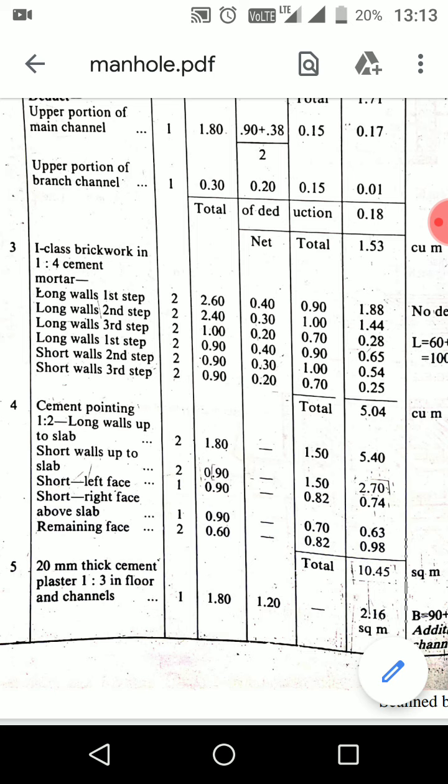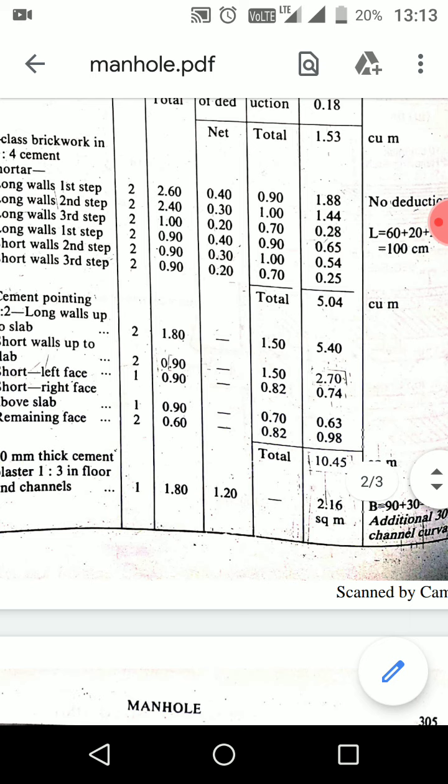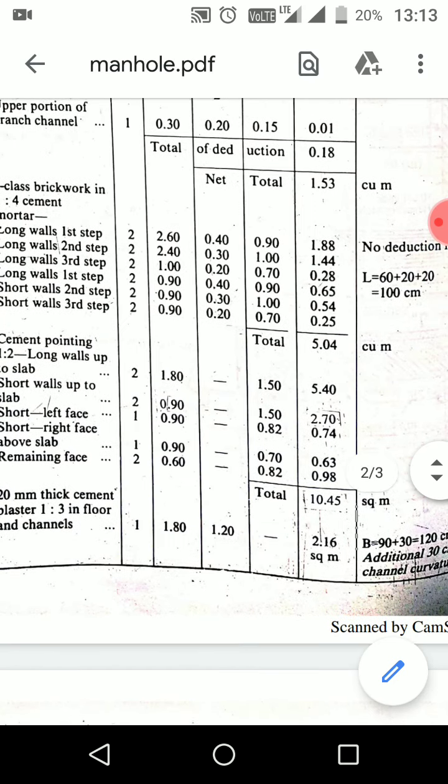Similarly, the long wall for the third step has two numbers of 1 meter, with a breadth of 20 centimeters and a height of 70 centimeters. Similarly, in the short walls they have considered only in dimension, 0.9 meters. So the total quantity of brickwork is 5.04 cubic meters here.